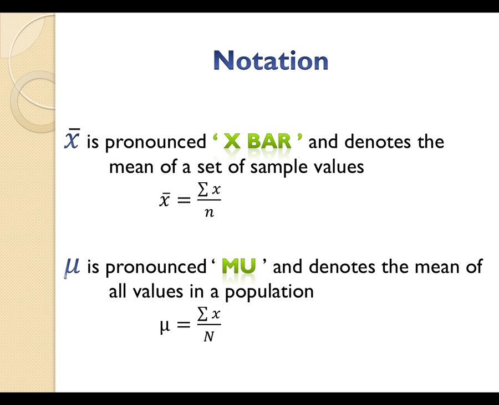X with a line over the top of it is pronounced X bar. Some textbooks call it bar X, but X bar or bar X is interchangeable. And it stands for the mean. The way you find the mean of a set of sample data values, again, this is a sample, it is a statistic, is that you add up the X's and divide by how many X's you had.